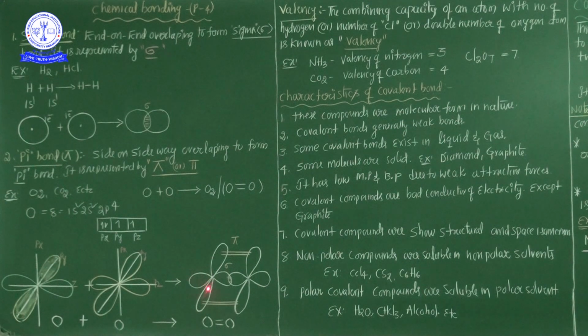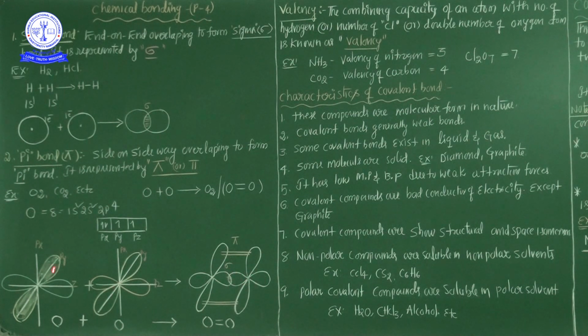Understood? Sigma bond is formed. So one orbital, the pz orbital, is completely involved in bonding to form the sigma bond.